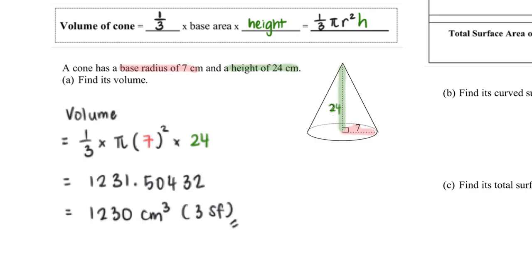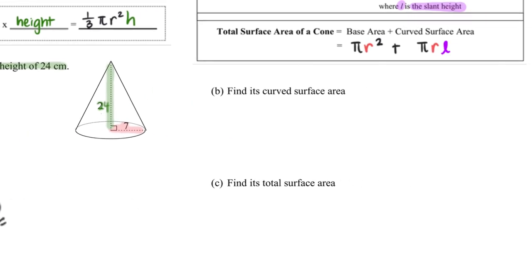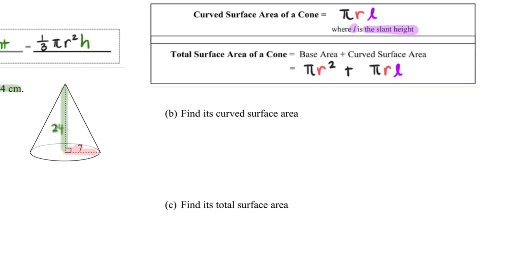Now for part B, find the curved surface area and the total surface area. So for part B, the curved surface area would require this length, which will be the slanted height. Yeah?